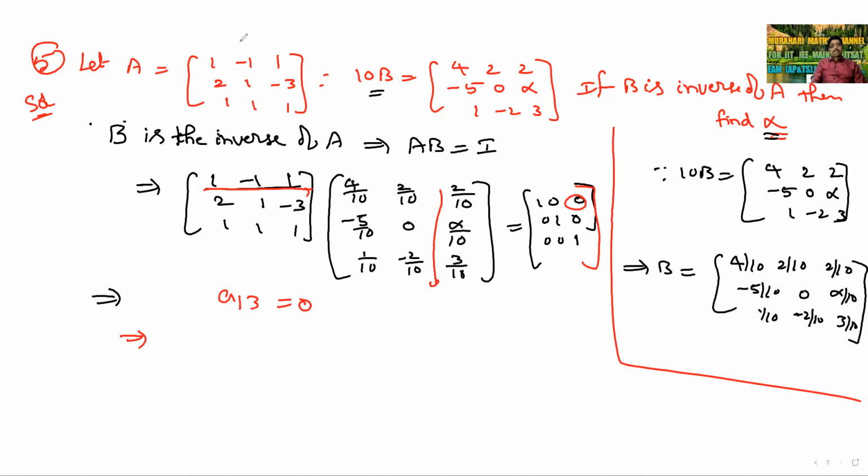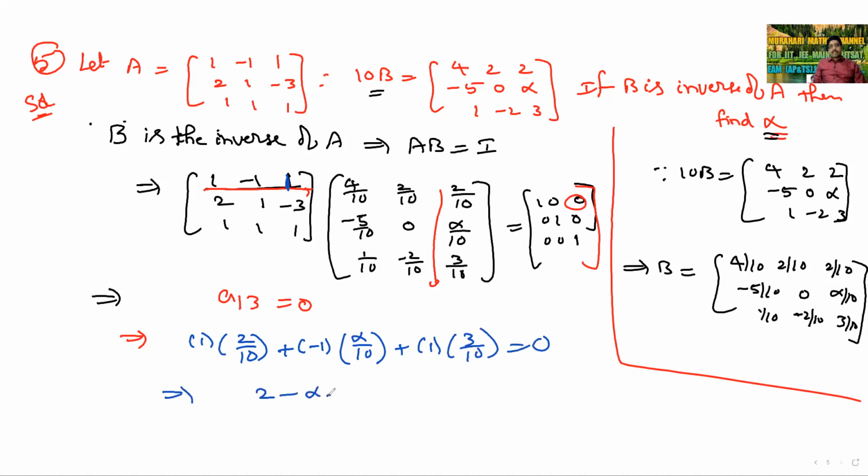So 1 into 2 by 10 plus minus 1 into alpha by 10 plus 1 into 3 by 10 is equal to 0. Let us take LCM 10: 2 minus alpha plus 3 by 10 is equal to 0. Therefore, 5 minus alpha is equal to 0. Alpha we have got is 5. So the answer is 5.